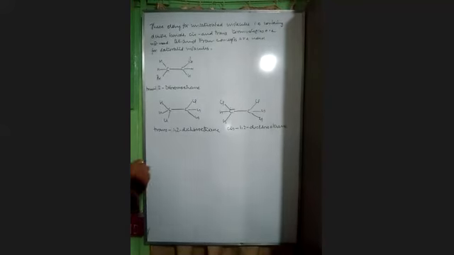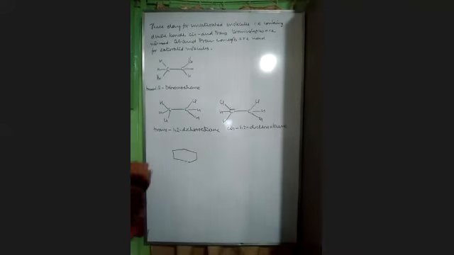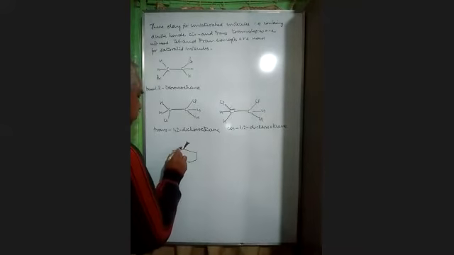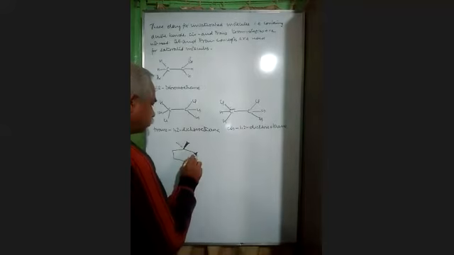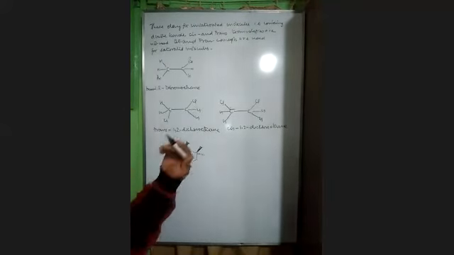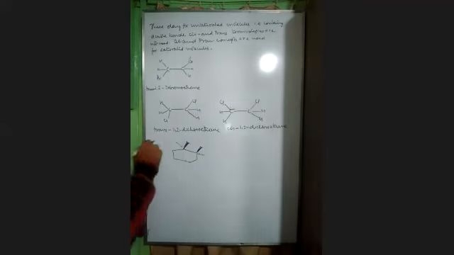Okay. So now let me take this molecule. This is cyclohexane. In cyclohexane, see here, the thick lines mean they are above the blackboard and broken lines are behind the blackboard.